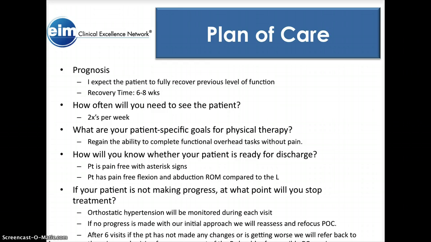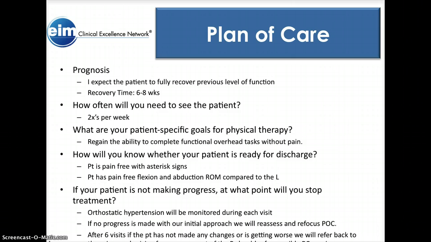Plan of care: I expect this patient to fully recover previous level of function. Probably be about 6 to 8 weeks. We'll see him about 2 times a week. And his specific goals are regaining his functional ability with overhead tasks, and preparing for discharge.